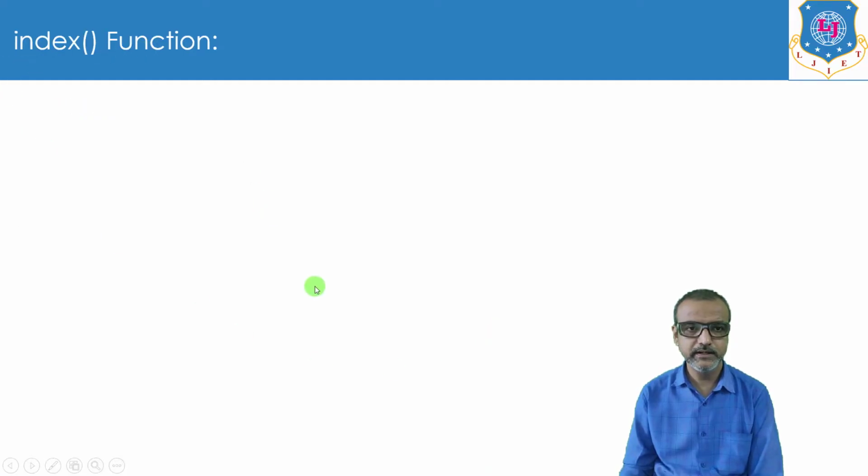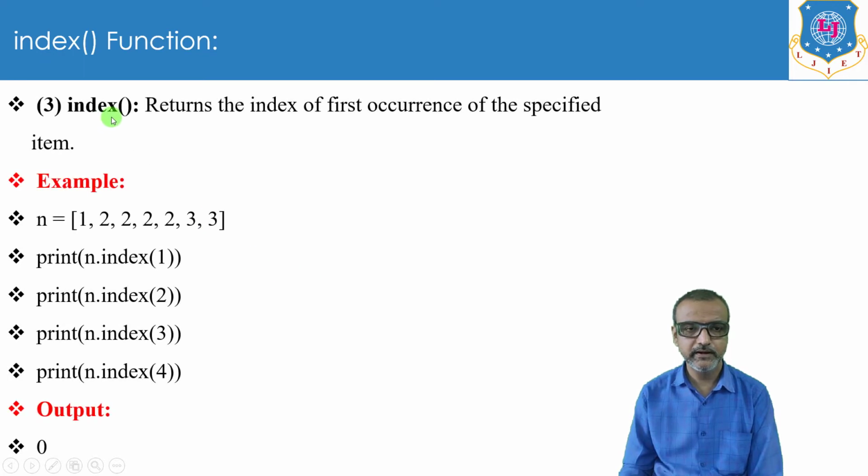Now we will see the index function. What will the index function do? It returns the index of the first occurrence of the specified item. For example, n equals to, say we have these numbers in the list. So print of n dot index 1, what will it do?